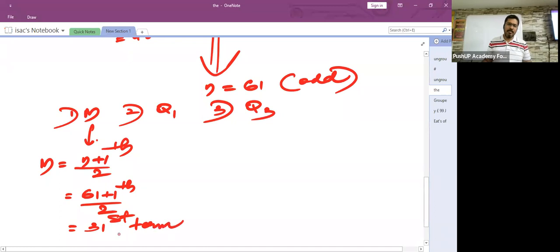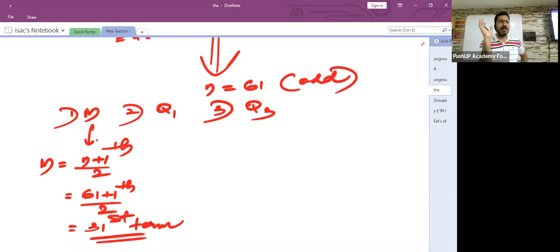You don't have any problem in learning this formula, and anyways you will do it. Did you all note it down? When the number of terms for a given ungrouped tabulated data is odd, the formula to find median is what? (n plus 1) divided by 2 th term. No need to by heart, children.